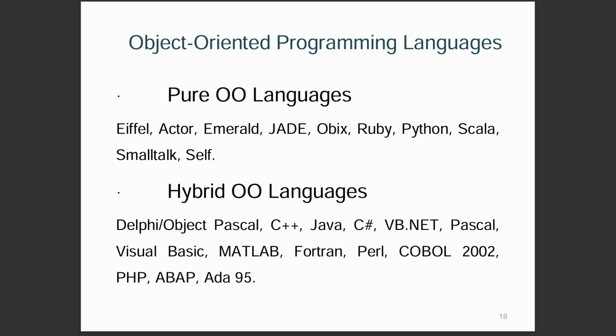I think we've talked about these categories and examples. We have Python, Scala, and Smalltalk as pure OOP languages, but the hybrid ones are Visual Basic, VB.NET, Pascal, C Sharp, and Java, and also C++.